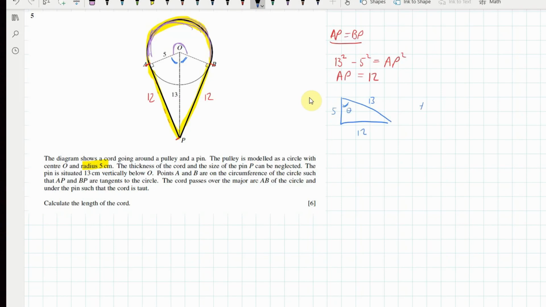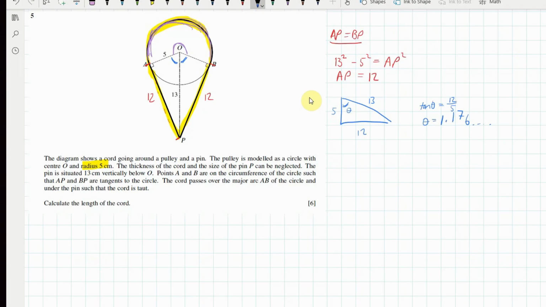So we could go tan theta is equal to the opposite, which would be the 12 over the hypotenuse. Make sure your calculator is set to radians, and I'm getting 1.176. I'm going to save that unrounded number. I'm going to double it.